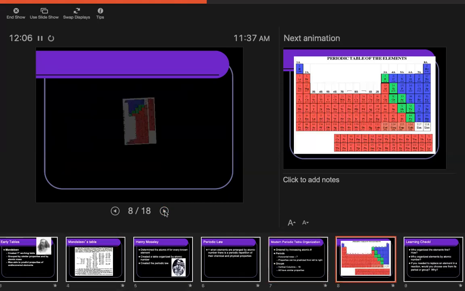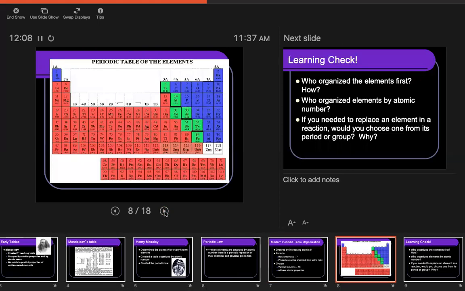All right. This is just a graphic. You can see that 1, 2, 3, 4, 5, 6, 7 rows, and then you can count across the top. And there are 18 of those.